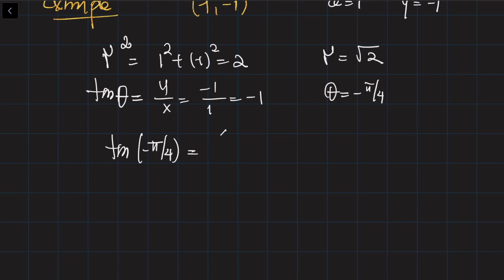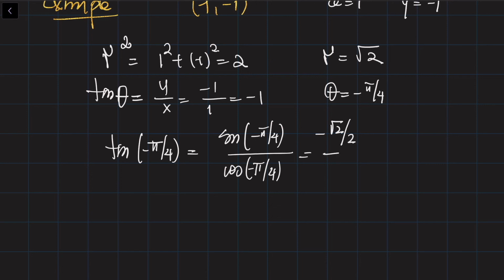So I have to substitute this into the definition of the tangent. It is sine of minus pi over 4 over cosine of minus pi over 4. We know that sine of minus pi over 4 is going to be square root of 2 over 2 with the negative sign. And for the cosine, it's going to be positive, because cosine of minus x is equal to cosine of x. So it's going to be square root of 2 over 2.